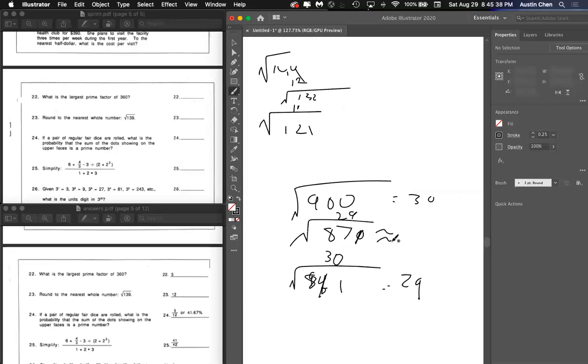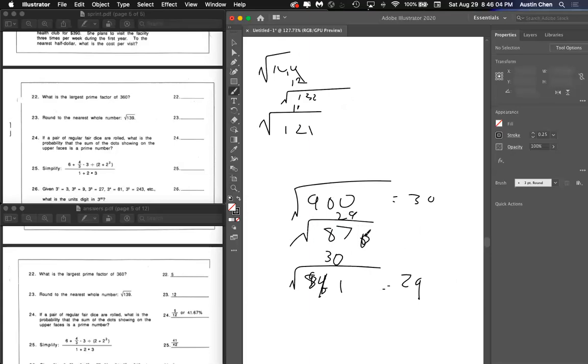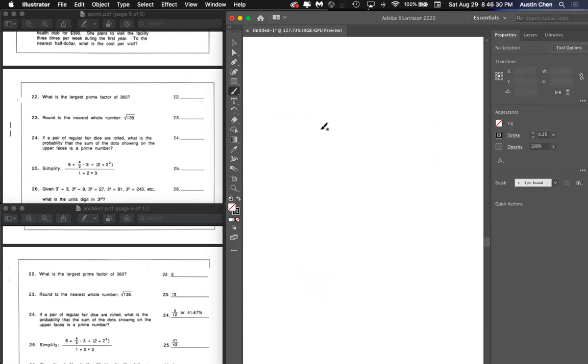So it seems like it would approximate to 29, and it does approximate to 29. Okay, we're still too close.